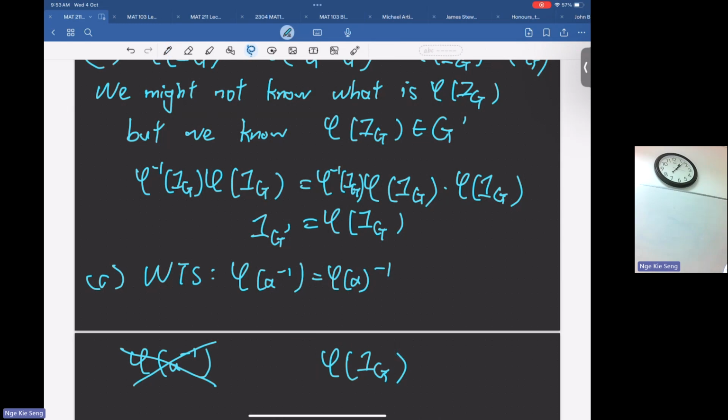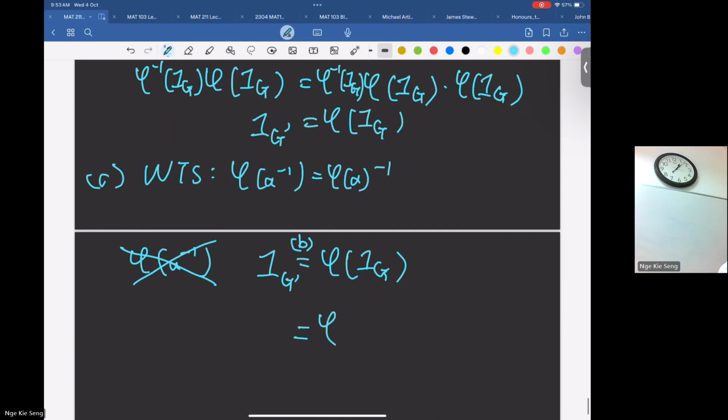So this is by part B. This is the identity of G prime. Then, you mean compose? I didn't write the composition, so let's just use the multiplicative notation like this.